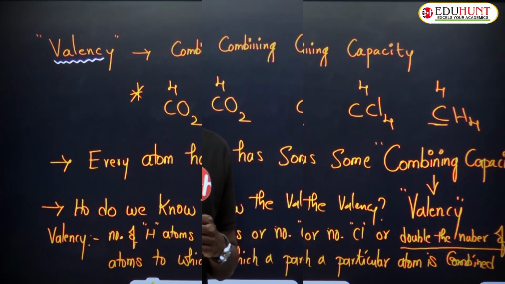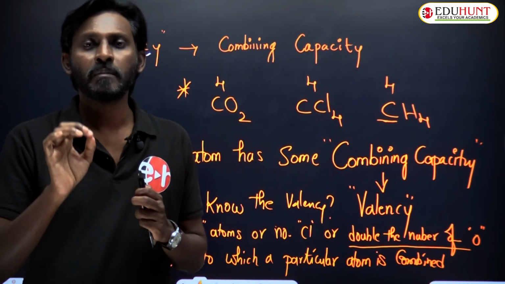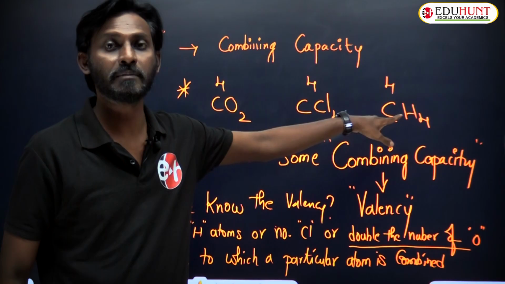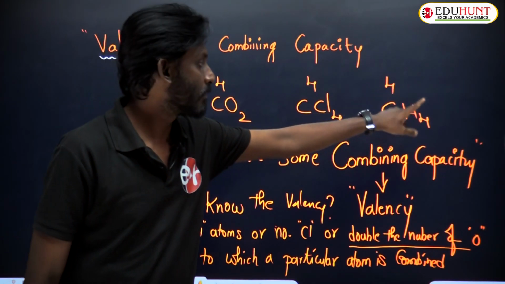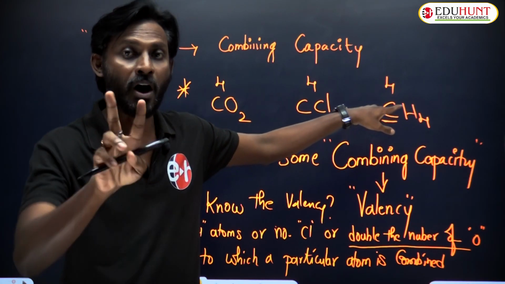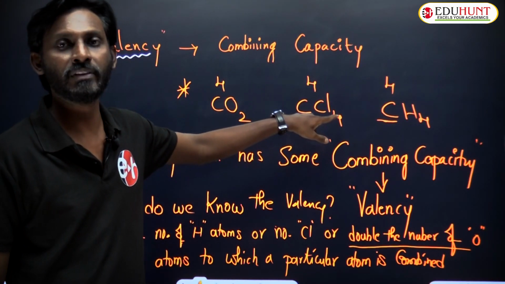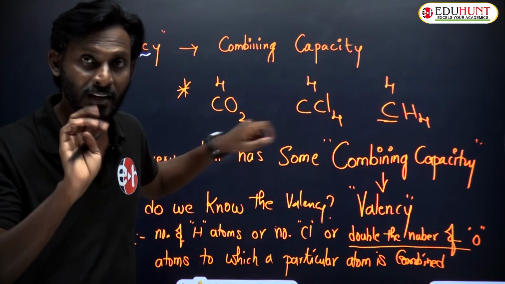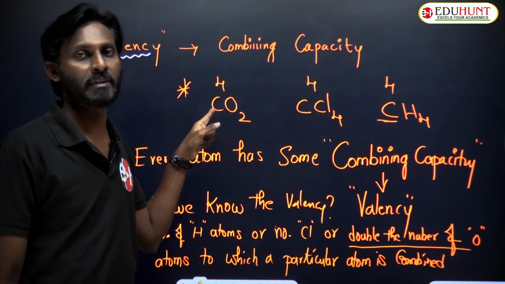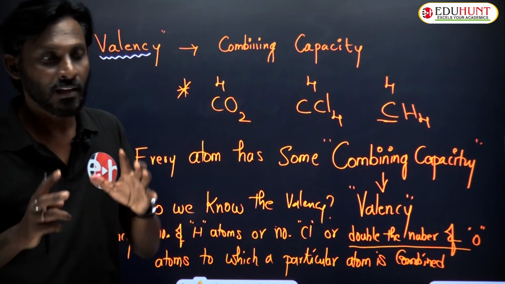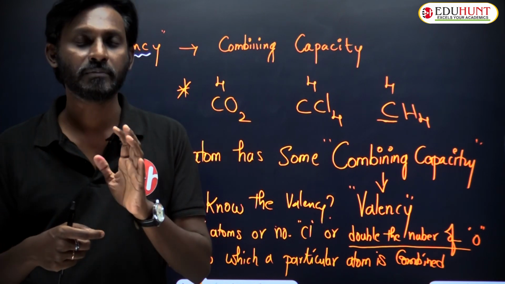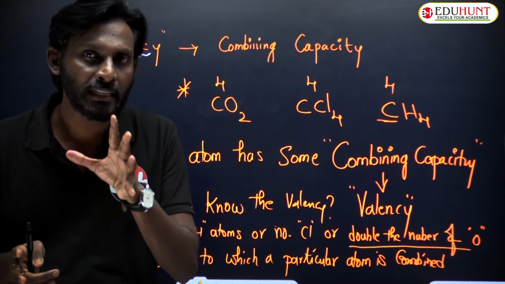So, by looking at the number of hydrogen atoms with which a particular atom combined, or the number of chlorine atoms, or double the number of oxygen atoms, we can determine the combining capacity or the valency of a particular atom. That is, valency means combining capacity.